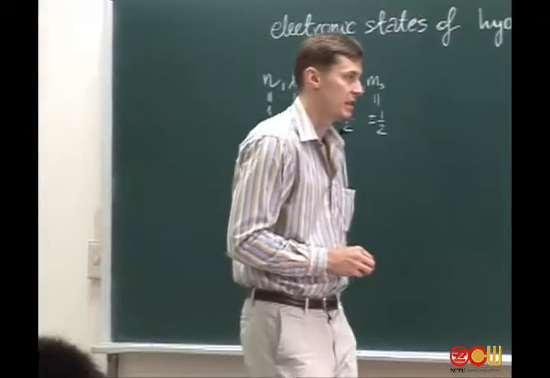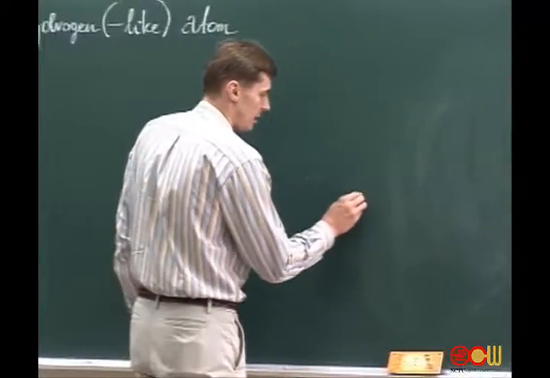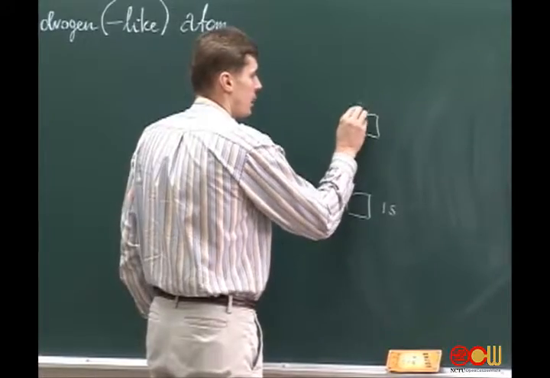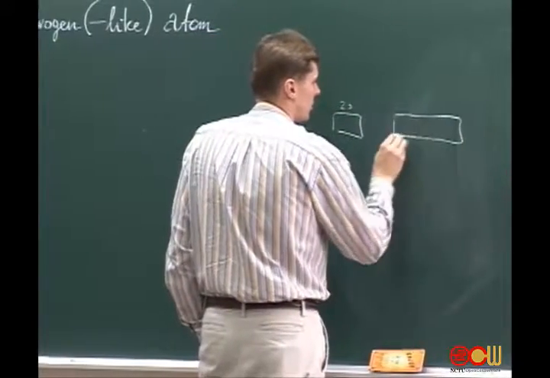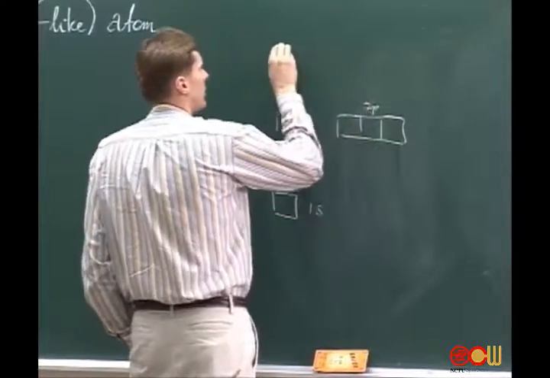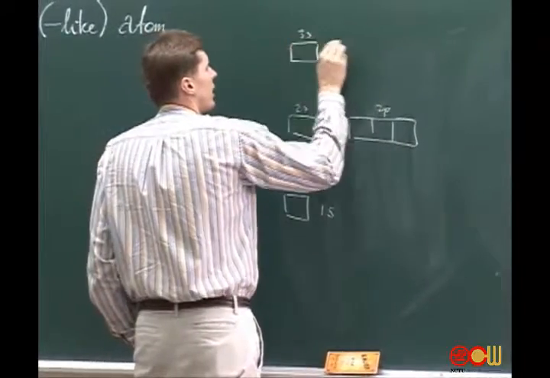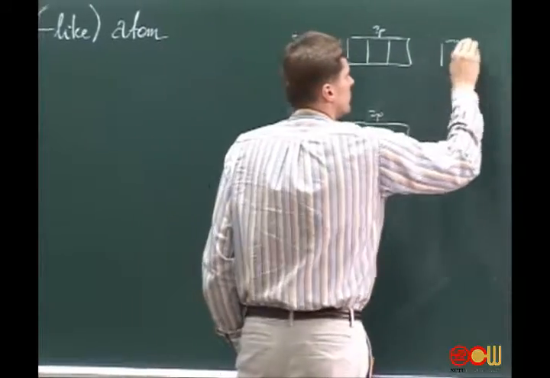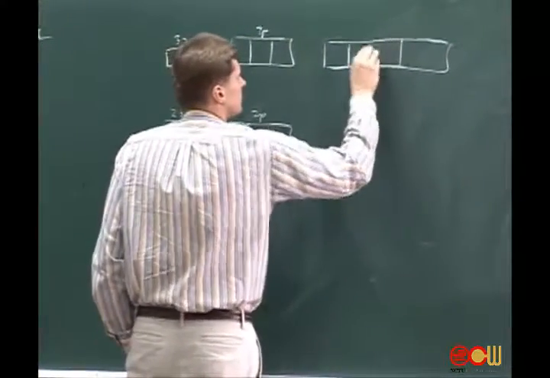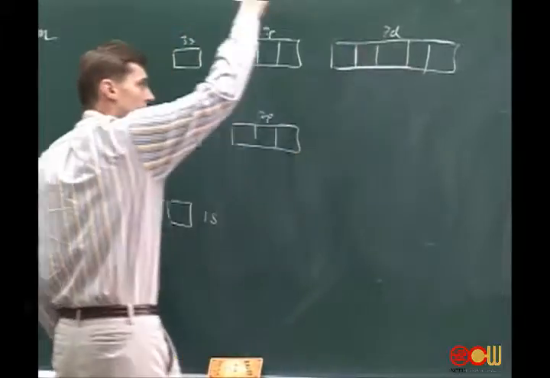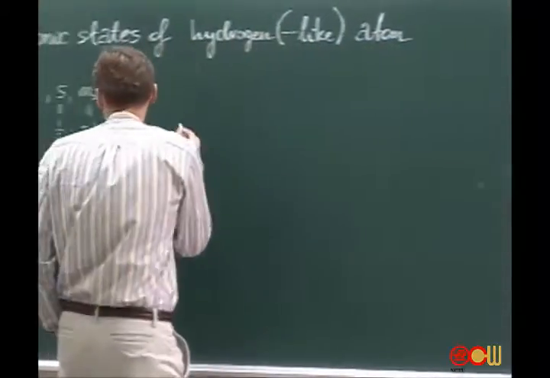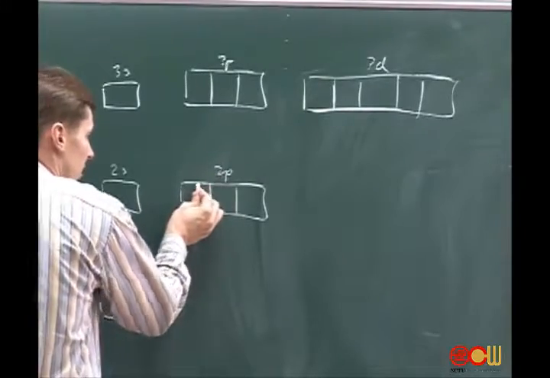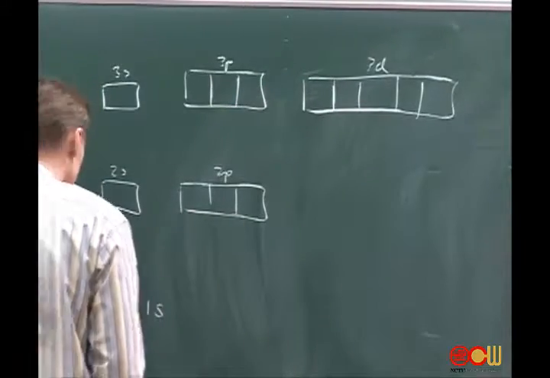It means that if we make the boxes that we made last time for the 1s, 2s, 2p, 3s, 3p, 3d, and so on, writing a set of 5 numbers means like putting an arrow here or here or here or here.